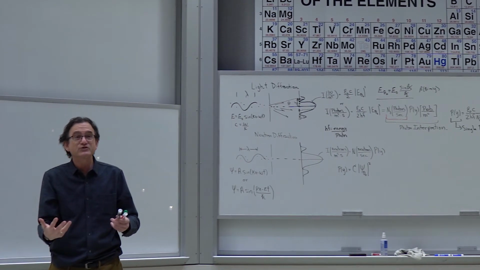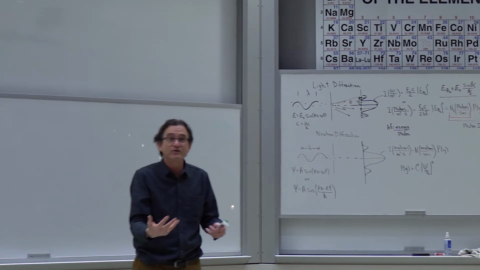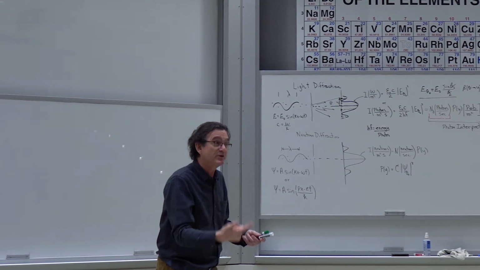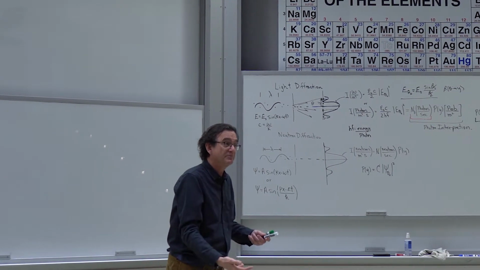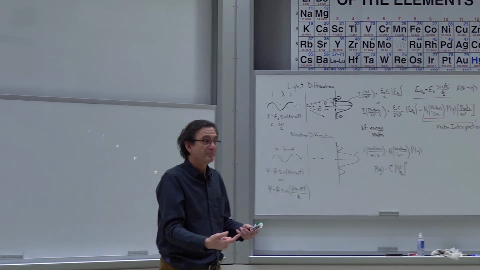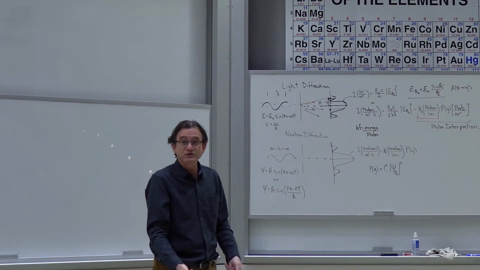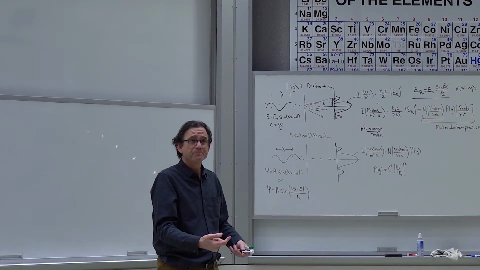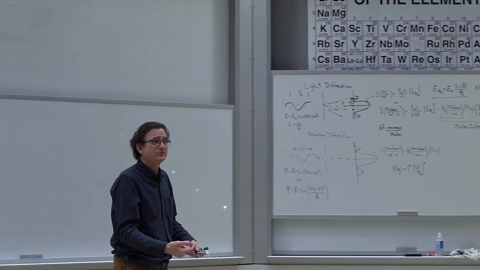The energy that I get on the screen should not depend on whether I look at it from the photon point of view or the wave point of view, because if it does, something's wrong with the theory. It's inconsistent. Then that would say that one of those interpretations was wrong. Interesting logic. Huh?